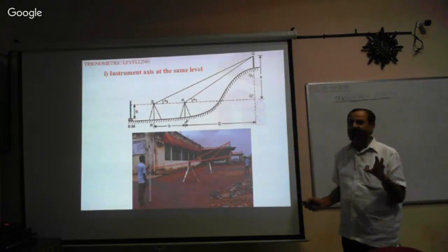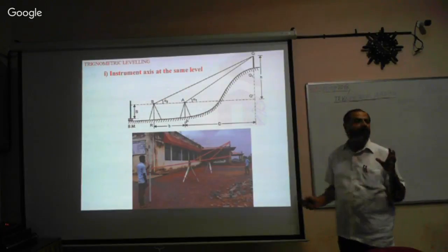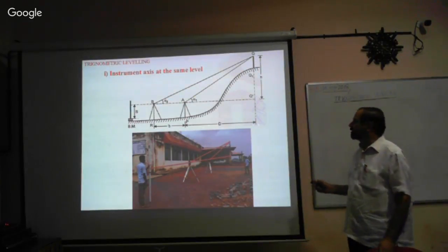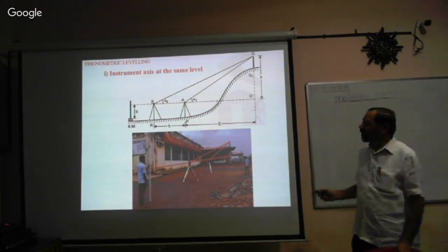This is the method we can adopt to calculate the elevation of the object and also to find out the distance.